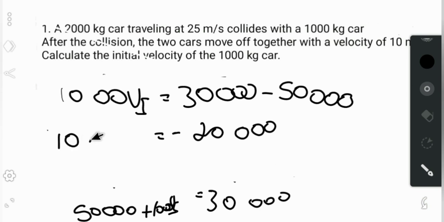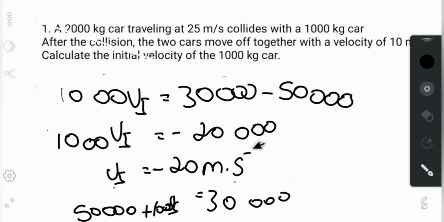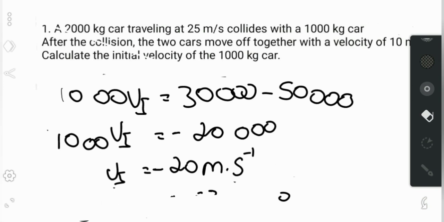If you divide both sides by 1000, you're going to get negative 20 meters per second.